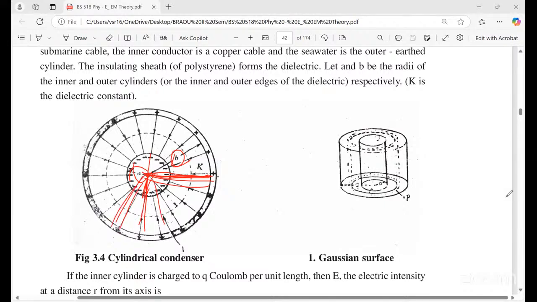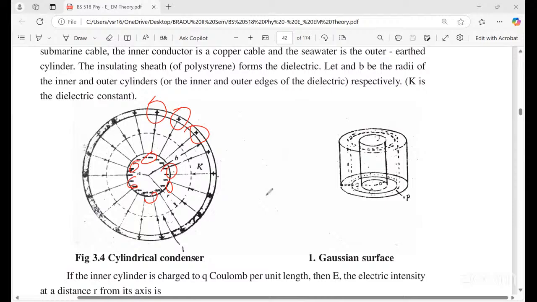Between them, dielectric constant. So you can imagine the capacitance. The outer cylinder is positive, the inner is negative.